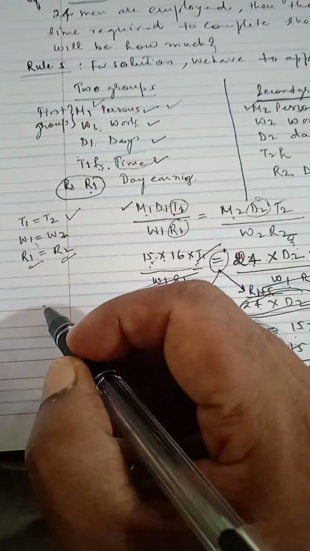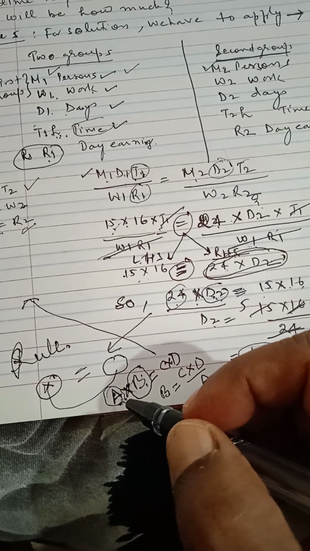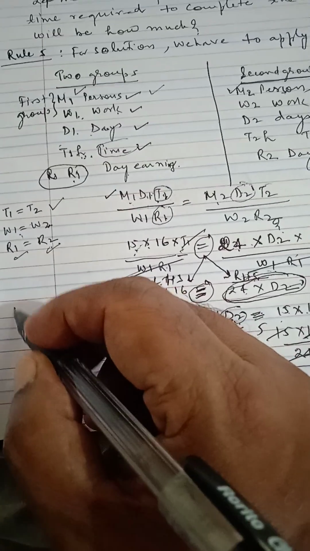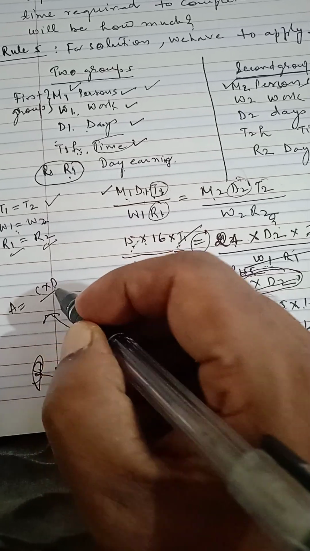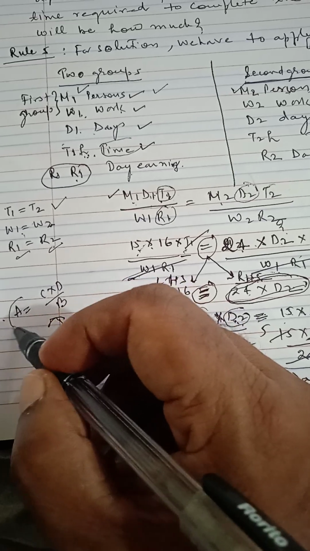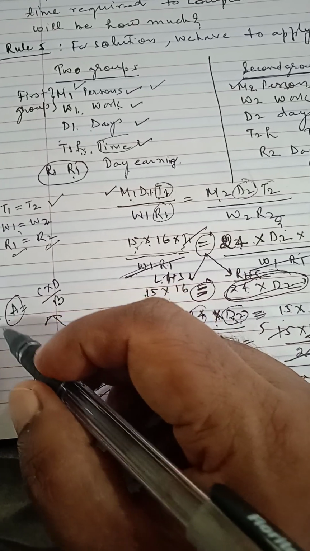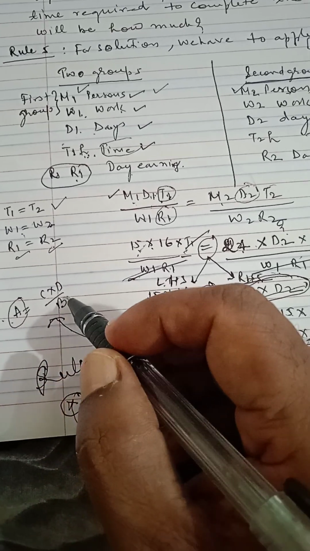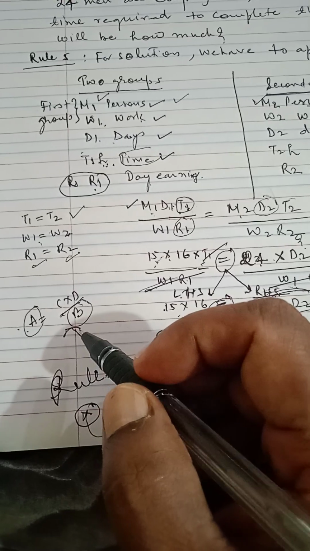Now you can find A also: A equals C into D upon B, because B is the multiplication factor of A. If the multiplication factor is removed, it transfers into division.